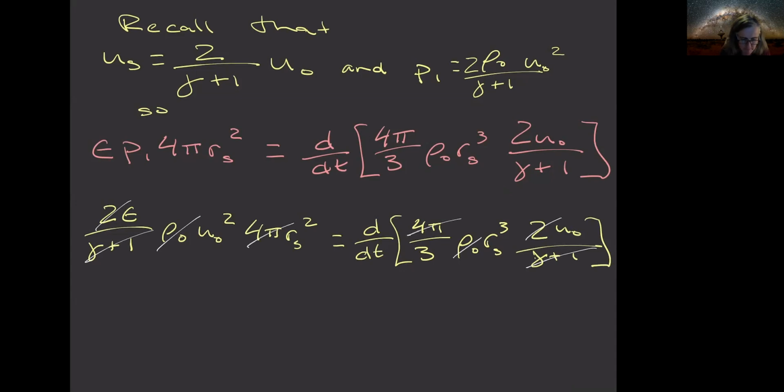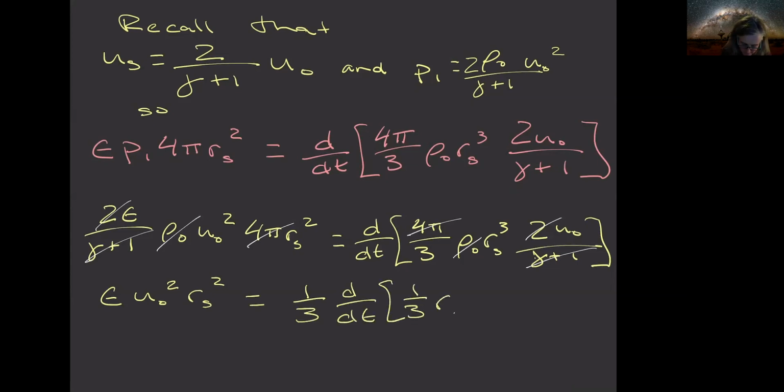And we are left with a slightly simpler looking equation, which is that epsilon u naught squared rs squared is equal to 1/3 d/dt of rs cubed u naught.